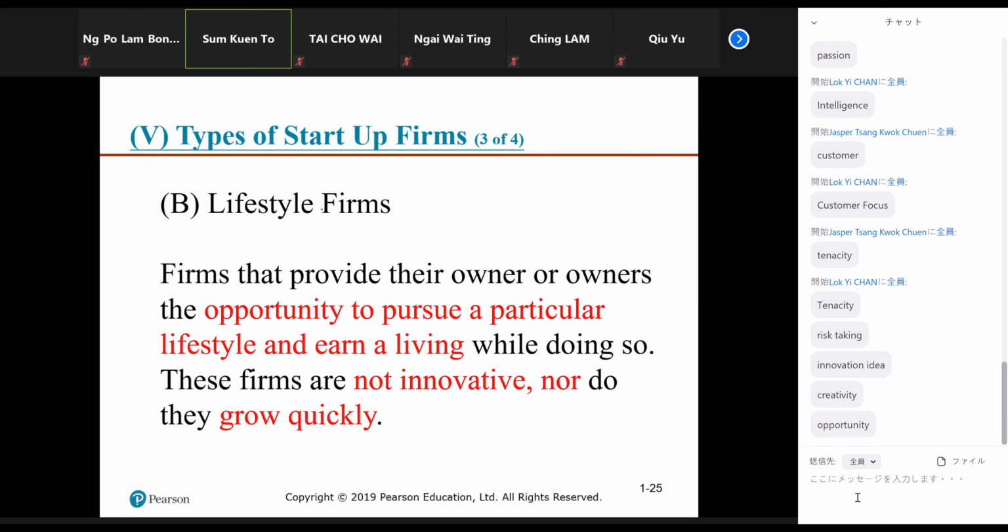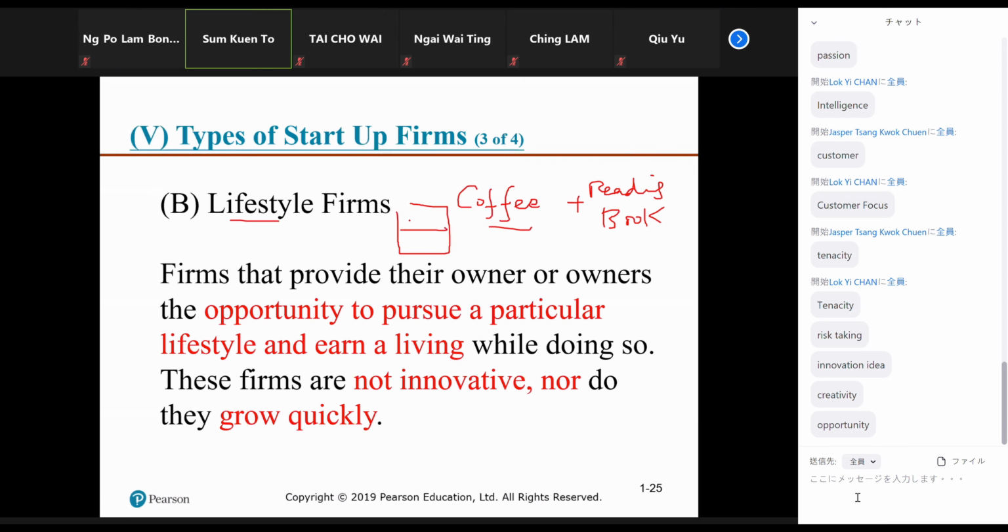Just for example, I love drinking coffee, and then I am Ting, I also love reading books. Under that situation, you may open up a coffee shop, an upstairs coffee shop with a lot of books on the bookshelf.